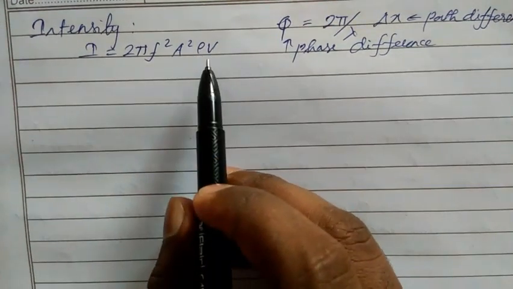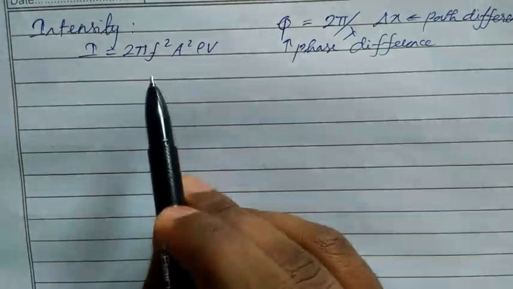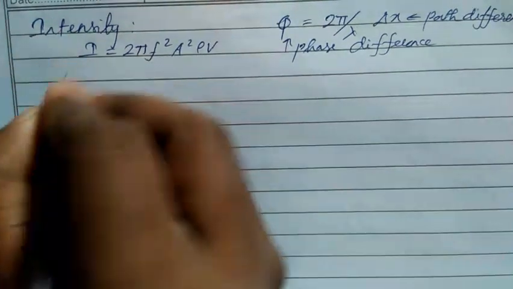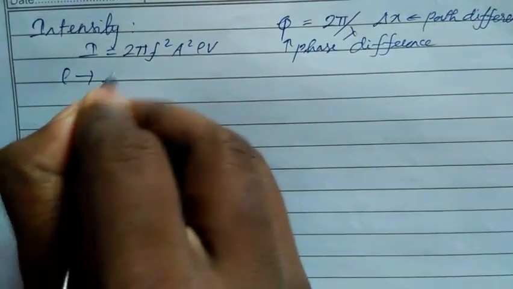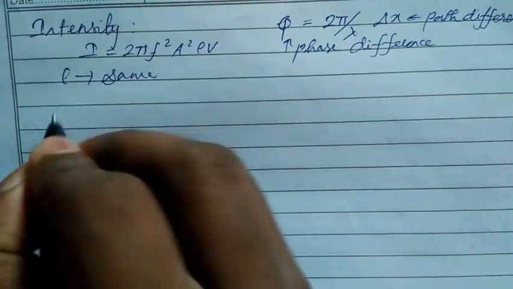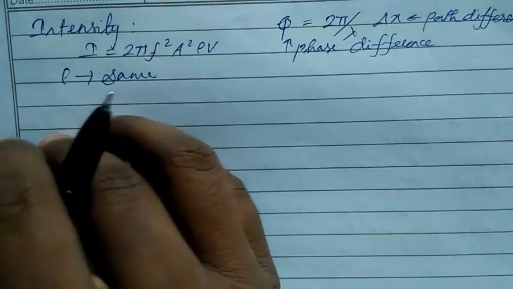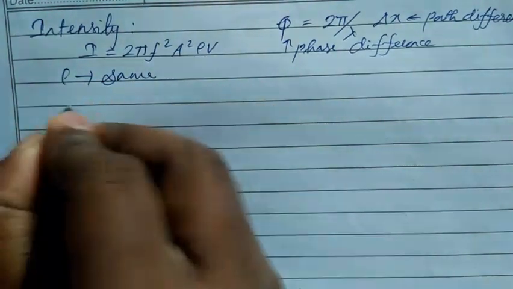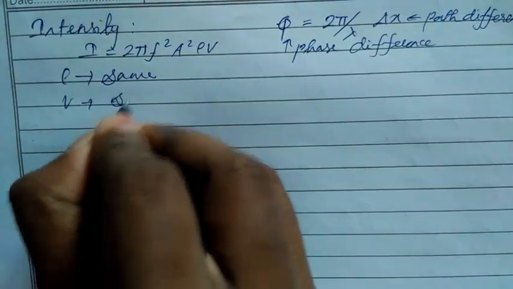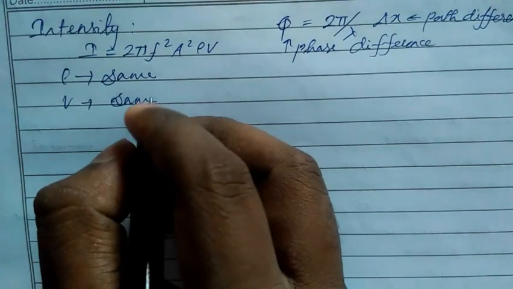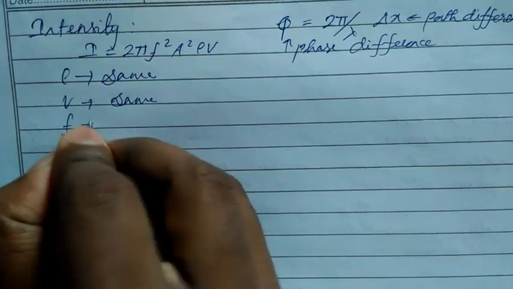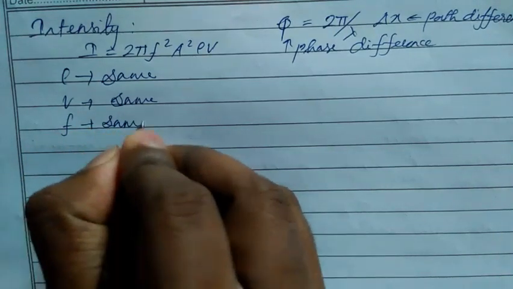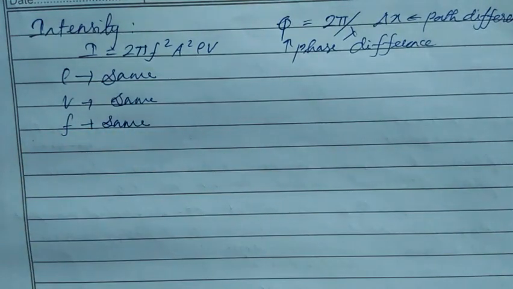Here v means velocity. Here density is the same, constant, for a coherent source. Then the velocity of light is the same, it won't change. Then if velocity is the same, obviously frequency is also the same, because v equal to f lambda.